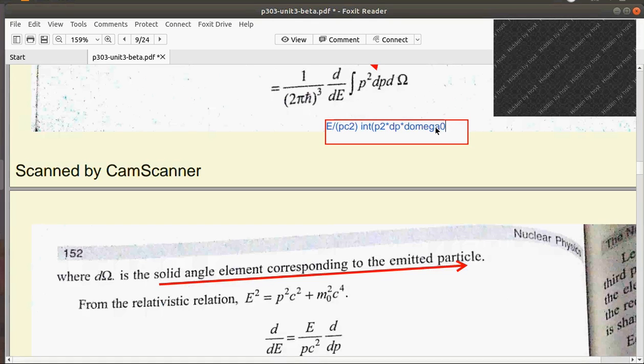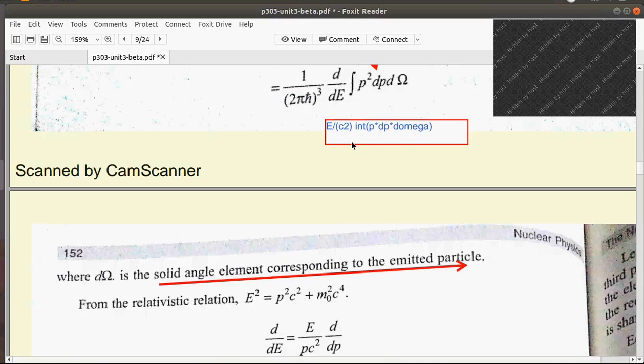Now p is below and p is above, so p and p will cancel, so one p will go away. So you will get only one p left. So now there is E by c square p into dp d omega.